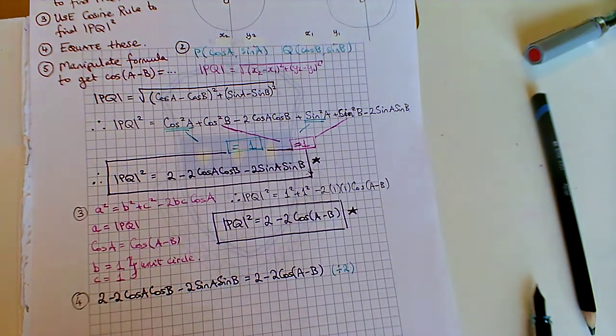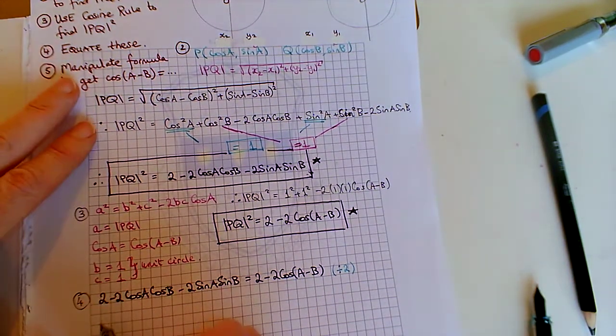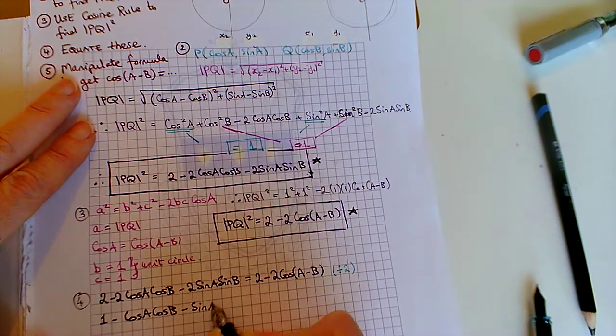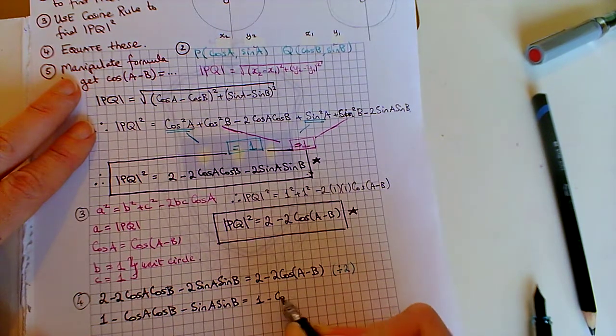We're very, very close to what we're looking for here. And we get 1 minus cos A cos B minus sine A sine B equals 1 minus cosine of A minus B.